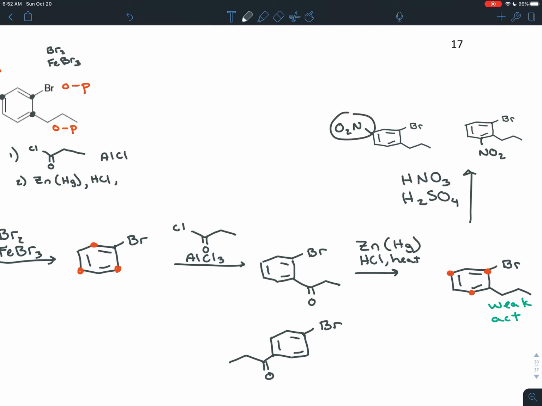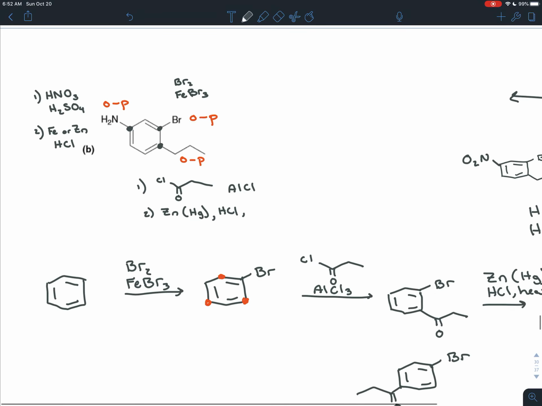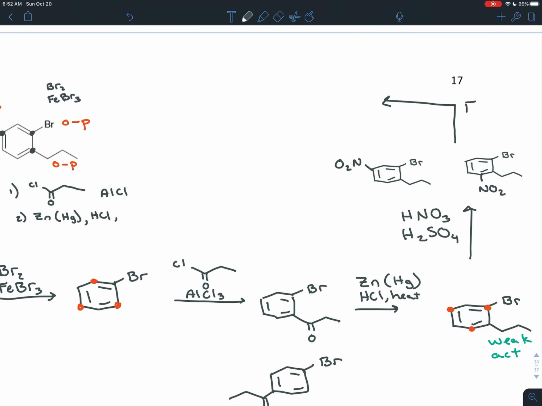Notice the NO2 is strongly deactivating, the bromine is weakly deactivating, and the alkyl group is weakly activating. So the effects are still being determined by the alkyl group. But you can reduce that NO2 using iron or zinc and HCl.